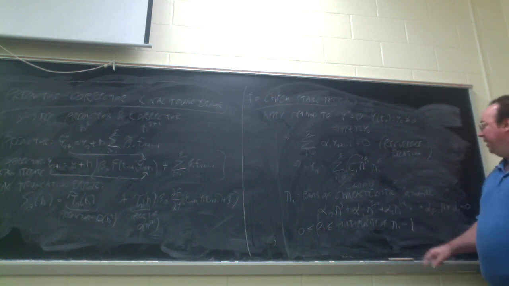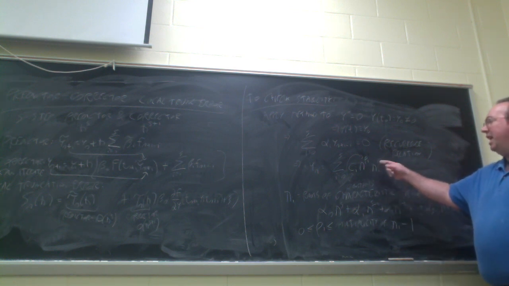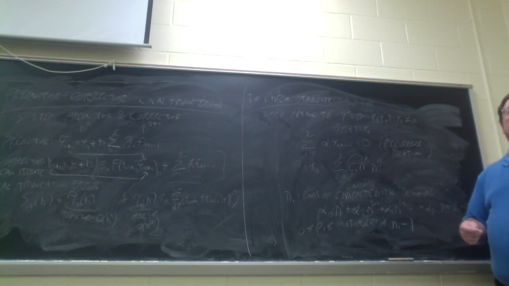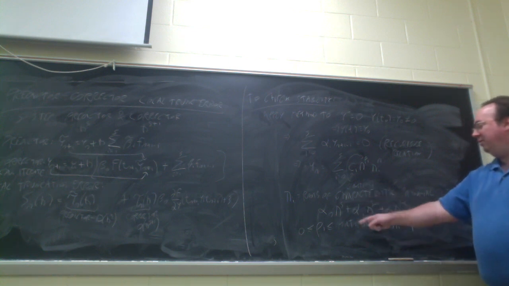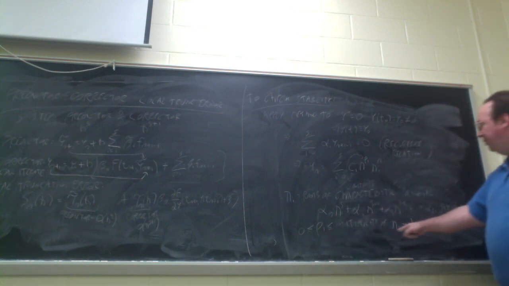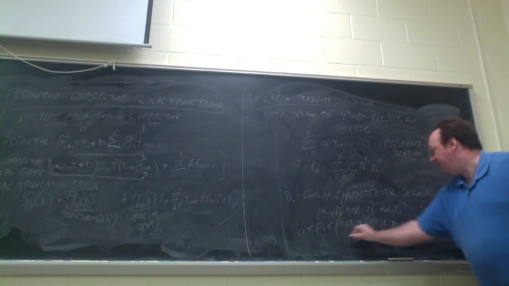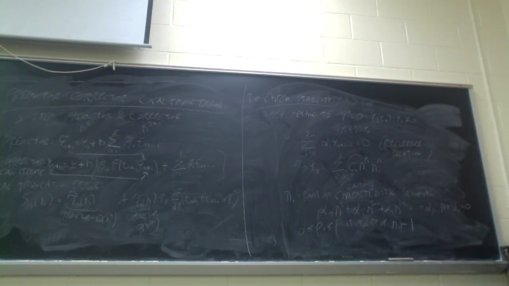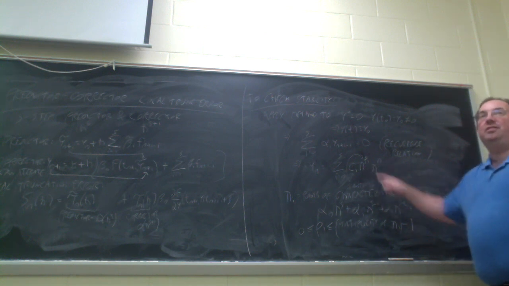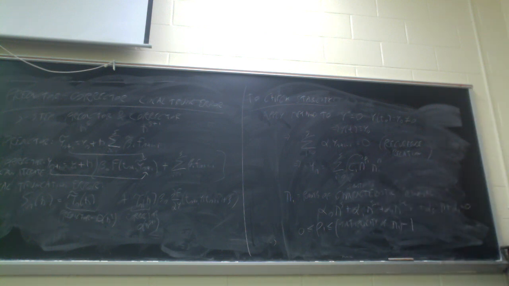And then you may have a term n squared lambda i to the n. Sorry, I made a mistake earlier. This goes up to the multiplicity of a root minus 1. So if all the roots are distinct, you won't have these factors at all.